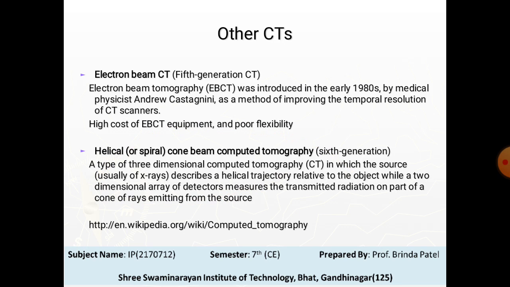The source or detector pair then rotates continuously through 360 degrees while the patient is moved at a constant speed along the axis perpendicular to the scan. The result is a continuous helical volume of data that is then processed to obtain individual slice images.